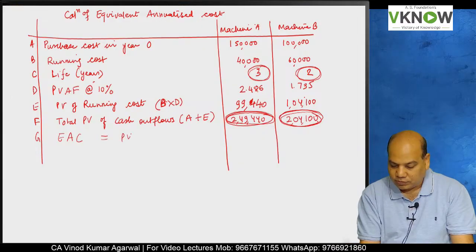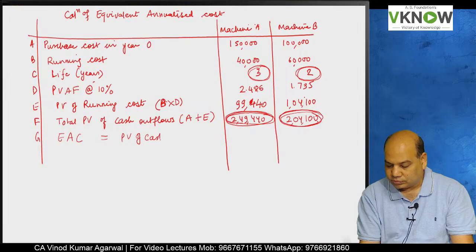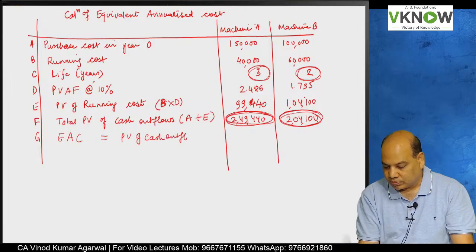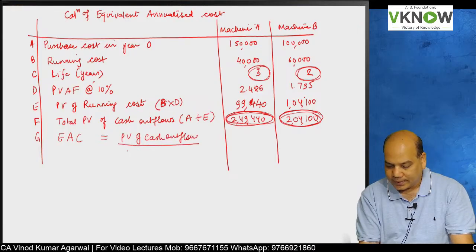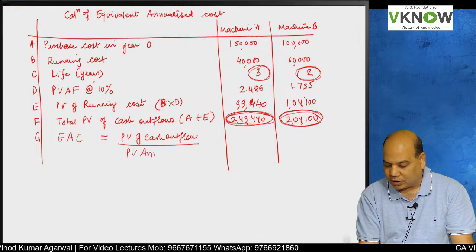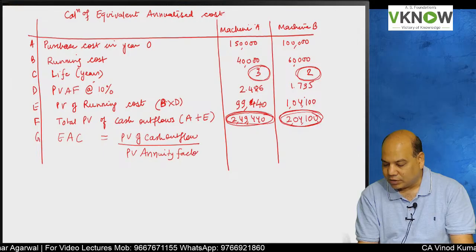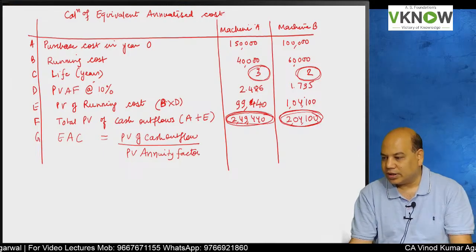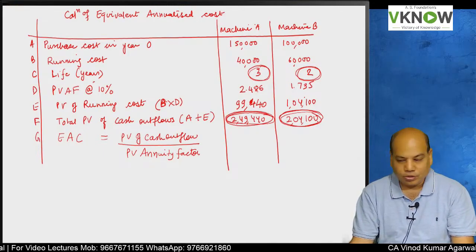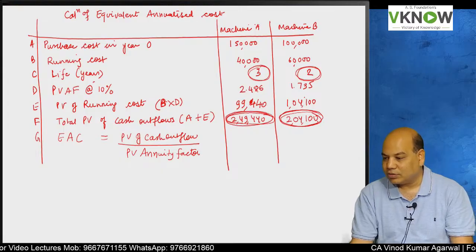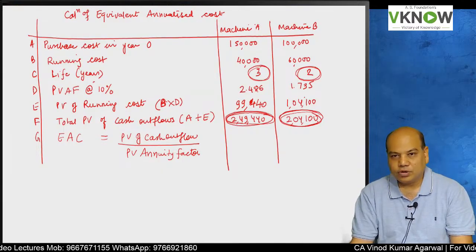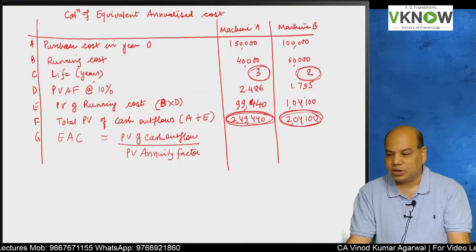It will be PV of cash outflow divided by PV annuity factor. It is like calculating average, but instead of directly dividing by 3, we are going to divide by annuity factor of 3 years, because I have to give importance to time value of money also.